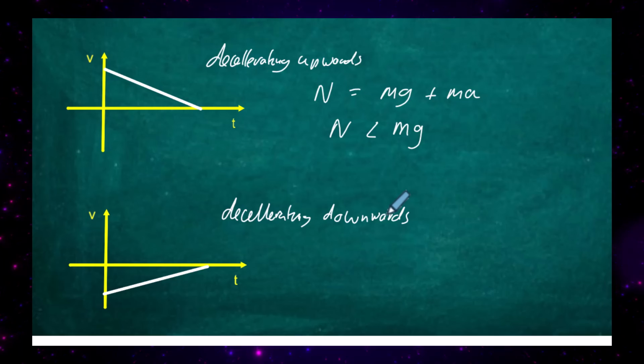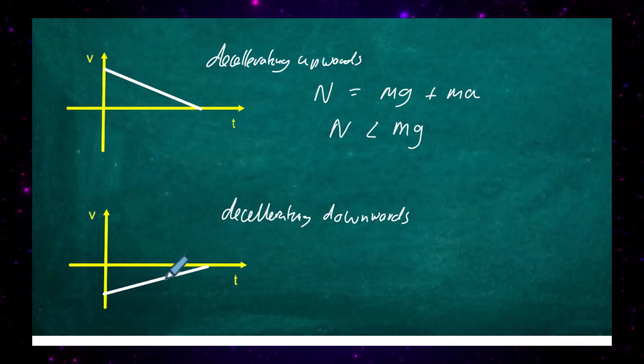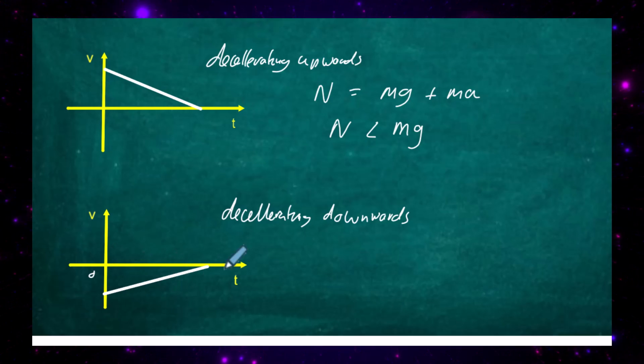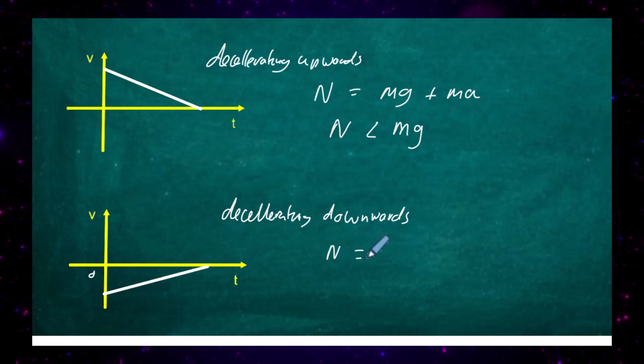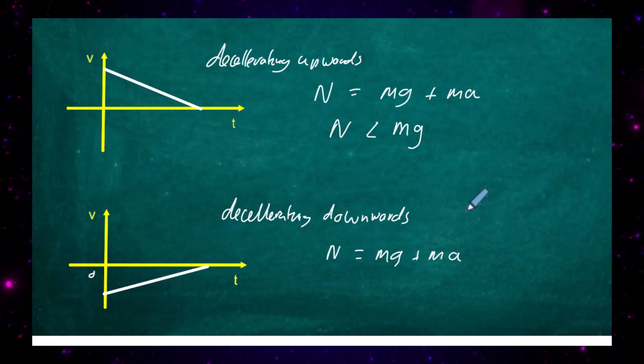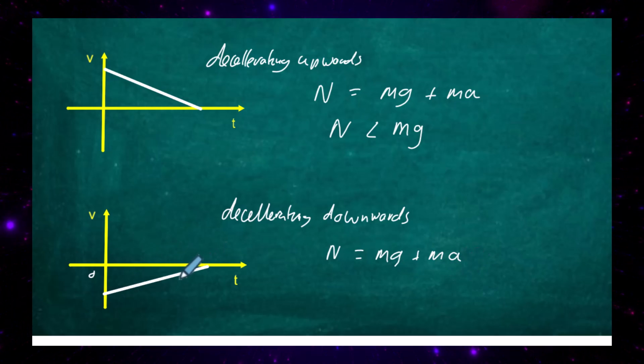Look at the gradient. The gradient is going to be positive, because if you look carefully, the velocity is becoming smaller and it's in the downward direction. Remember, below the zero axis here, everything's going to be going downwards. So therefore our equation N equals mg plus ma, and let's think about this one. We're decelerating downwards, we have got a positive gradient.